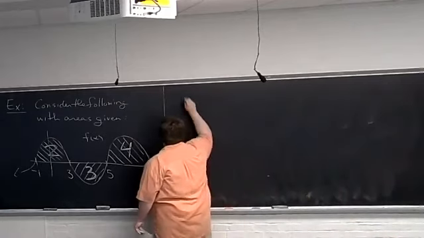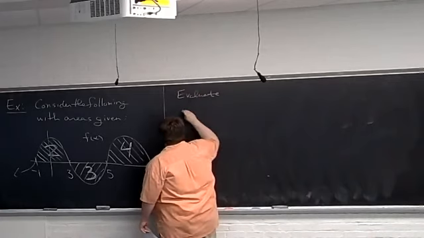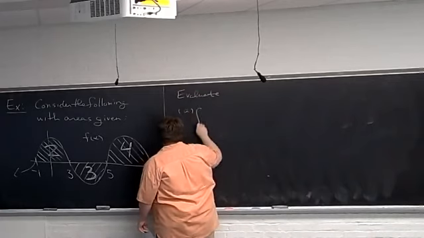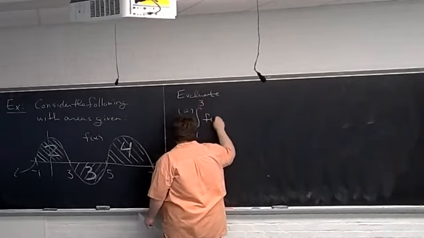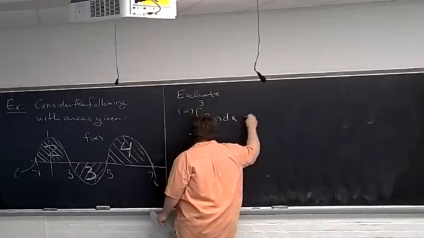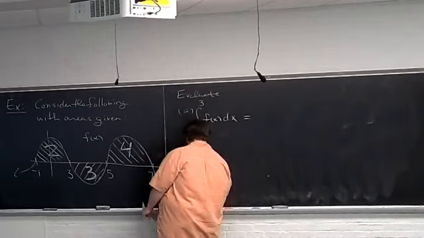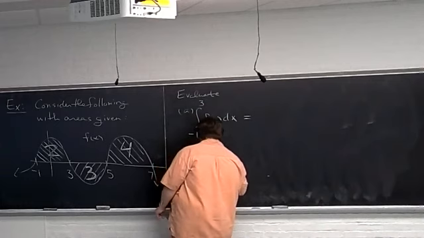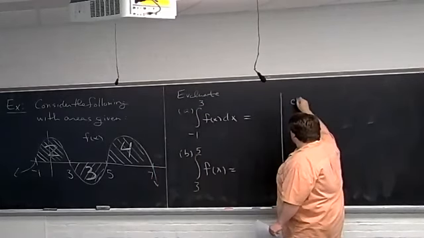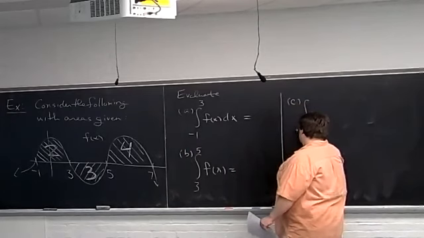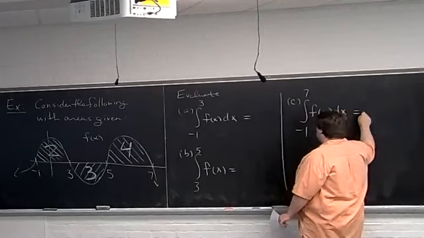Evaluate 4 things. Part A, integral from -1 to 3 of f of x. Part B, integral from 3 to 5 of f of x. Part C, evaluate the integral from -1 to 7 of f of x.